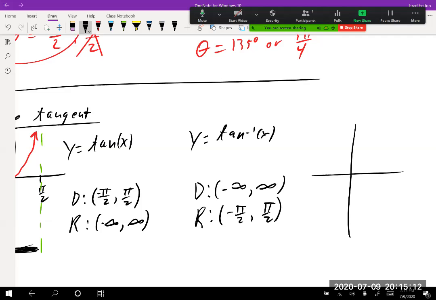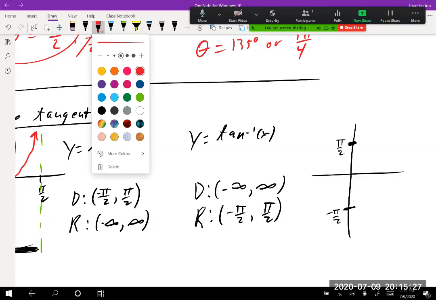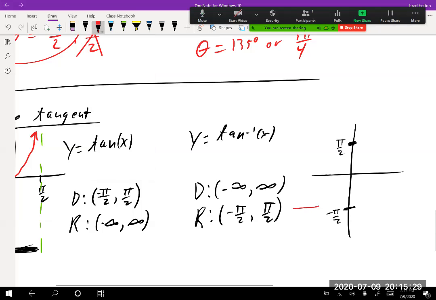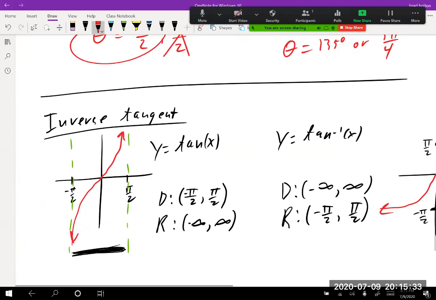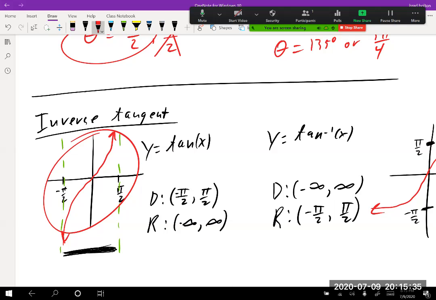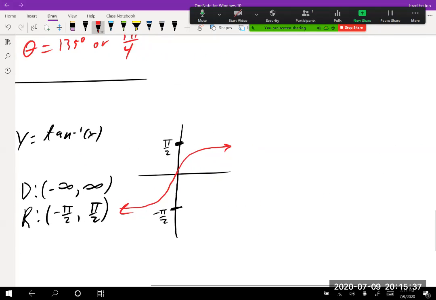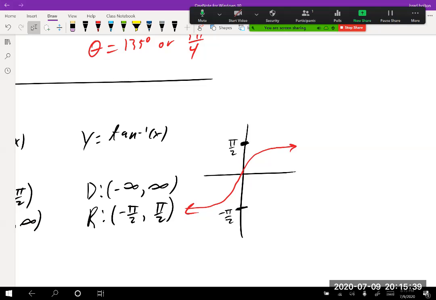So I'm going to put my range as negative pi over 2, positive pi over 2, up here. And then my domain is negative infinity, positive infinity. So what this looks like is this. Imagine this graph right here, but kind of turned, right? So that's what it does, okay? Again, I might have drawn it too curved, but you should get the general idea.